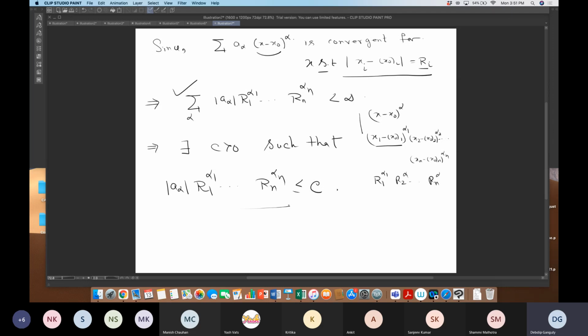Why? The series converges, so the nth term must be convergent and hence bounded.